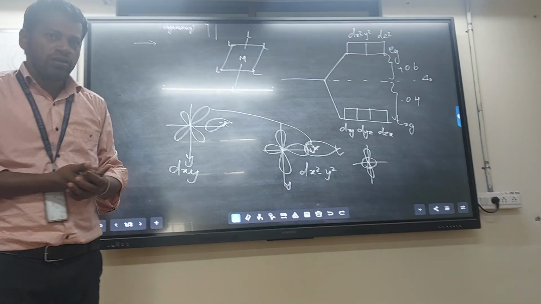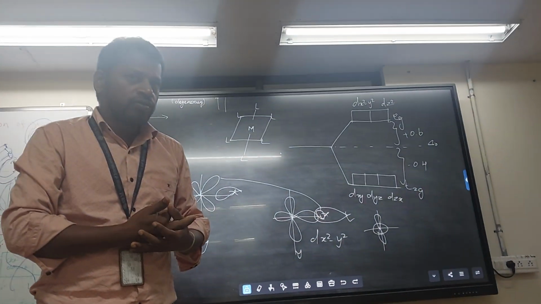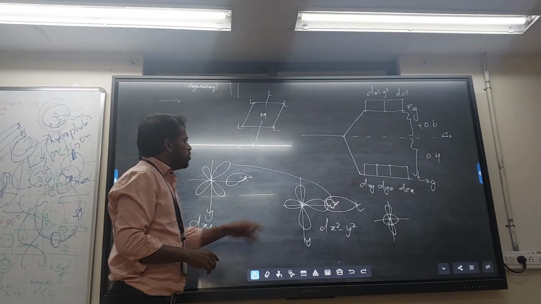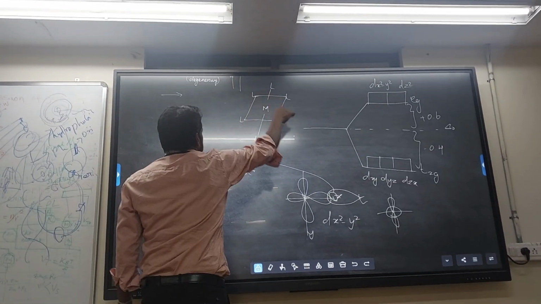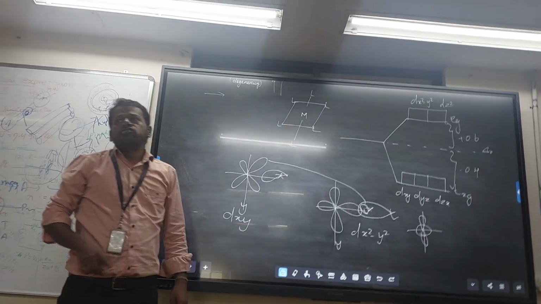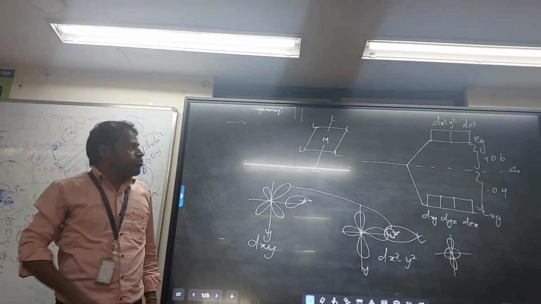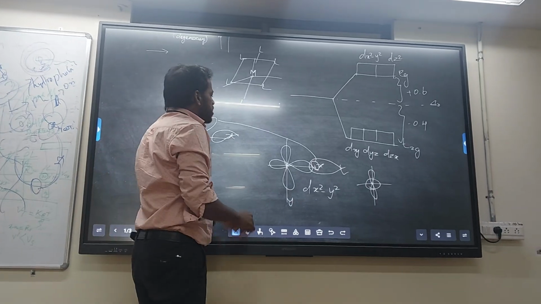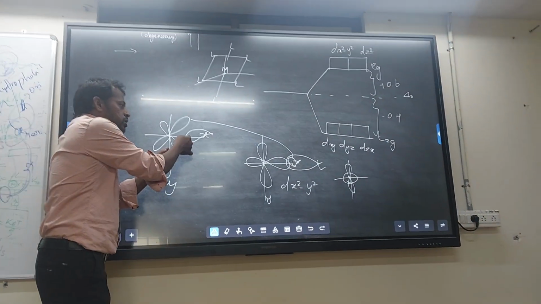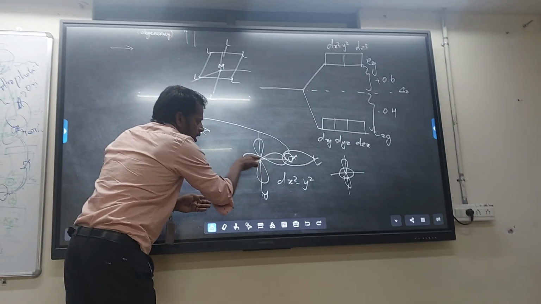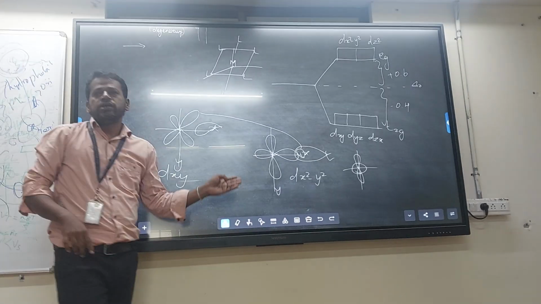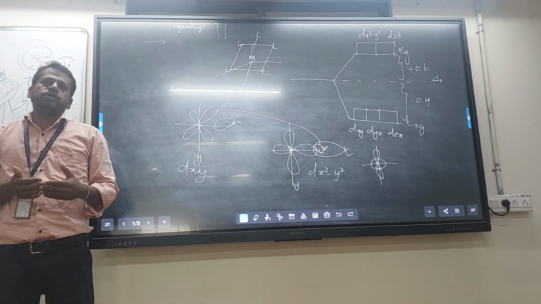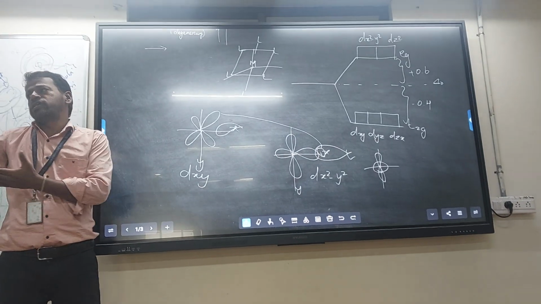Any doubts? Can you repeat the higher energy and lower energy part, along the axis? Yes. Think about it. You know this is the geometry of the octahedral, right? The ligand does not share the electron with the dx square minus y square and dz square orbitals, because the lobes are present along the axis, towards the axis side.